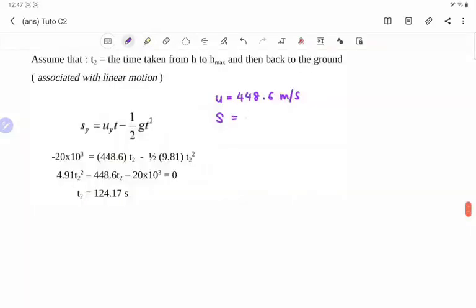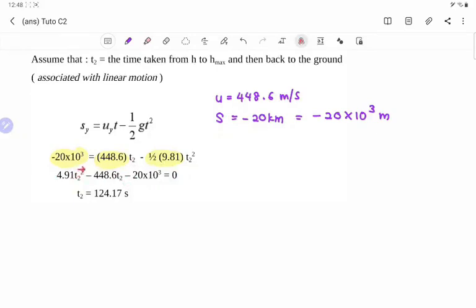So, s is equals to negative 20 km. Okay, don't forget kilo is equals to negative 20 times 10 to the power 3 meter. Mesti unit dia sama. This one in meter, this one should also be in meter. So, then you can cancel them correctly. Then, substitute the value into the formula. Okay, then you can find t. Okay, here you will get quadratic equation.